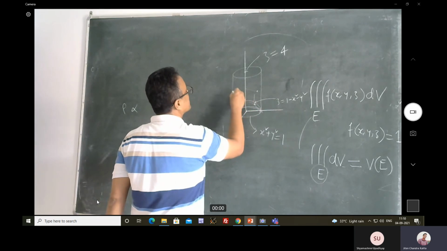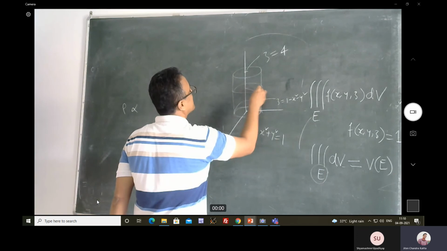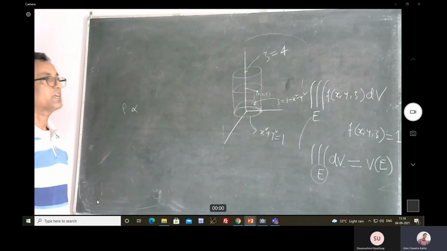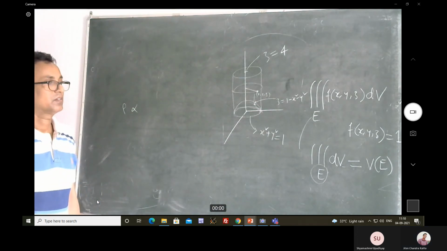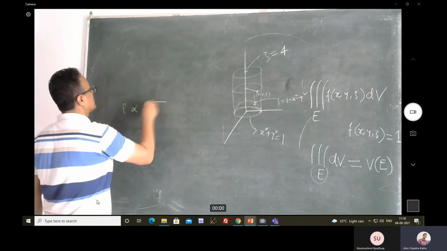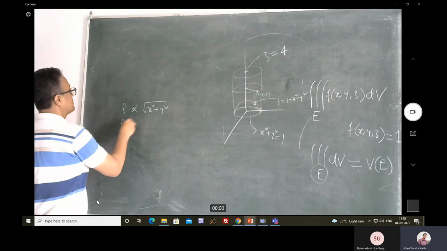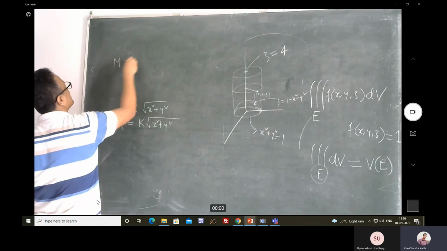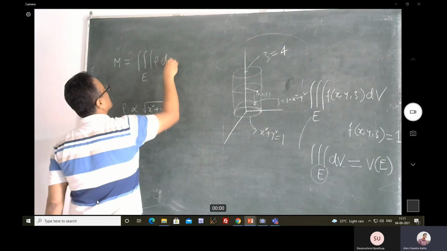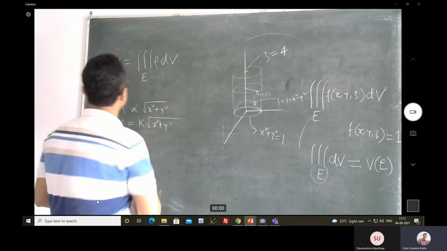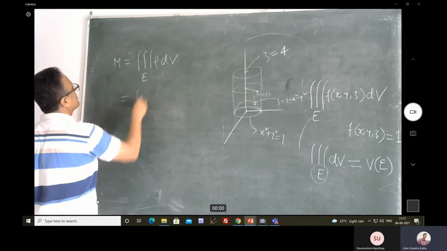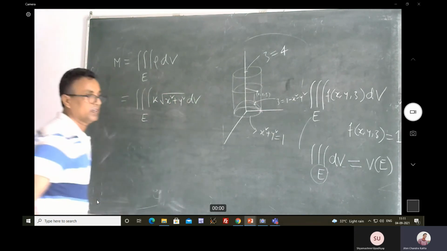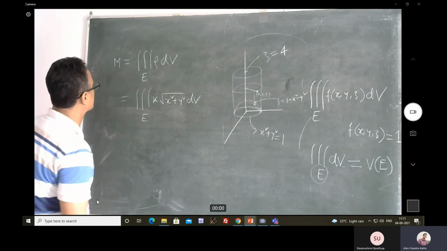So if you consider any point (x, y, z), its distance from the z-axis is simply going to be the square root of x squared plus y squared. So the density is some constant a times that, and if you want to find the mass, it is simply this integral. So we need to simply perform this integration, dV.